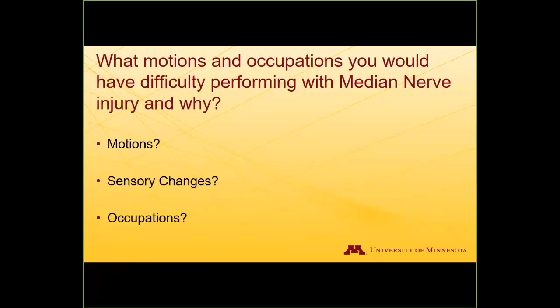What about the thenar muscles? What motions do they help produce? Opposition, yep. It rotates the thumb metacarpal into opposition. What else? What does the flexor pollicis brevis do?